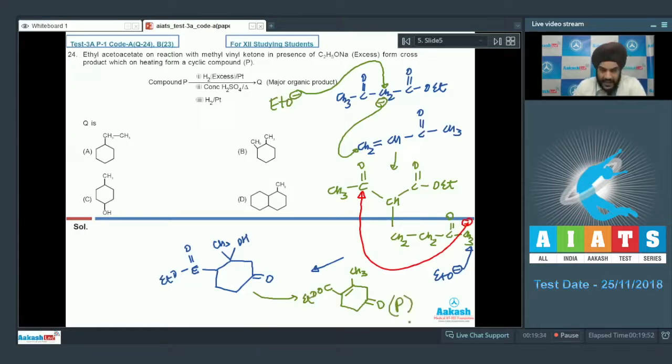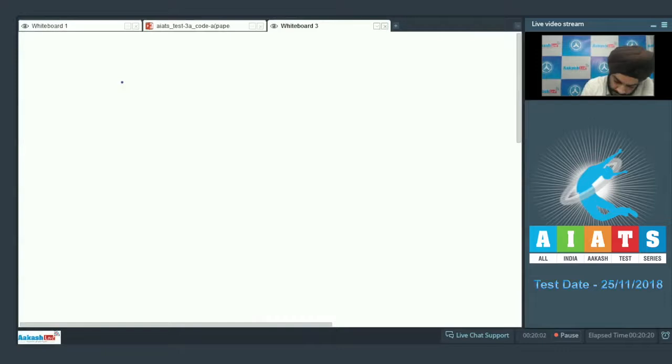Now this compound P is subjected to catalytic hydrogenation. So this catalytic hydrogenation is going to convert the ketone into alcohol. It is going to remove the double bond. It is going to convert this ester into an alcohol again. So let's try and draw the structure. So we had the compound P as this.